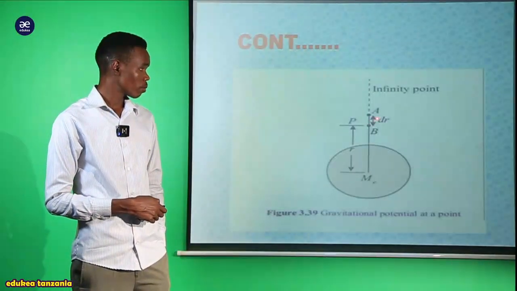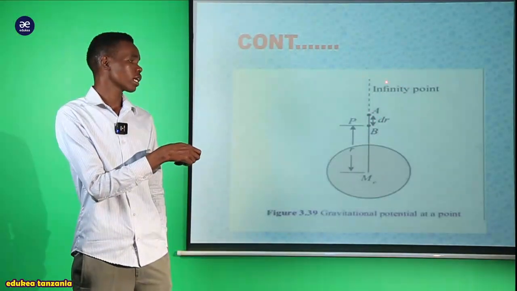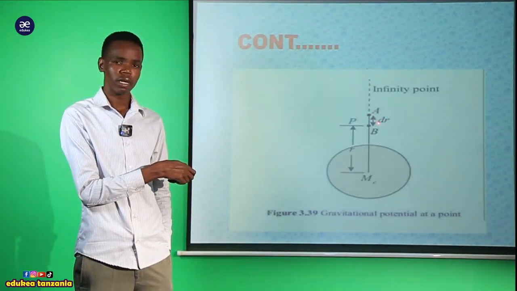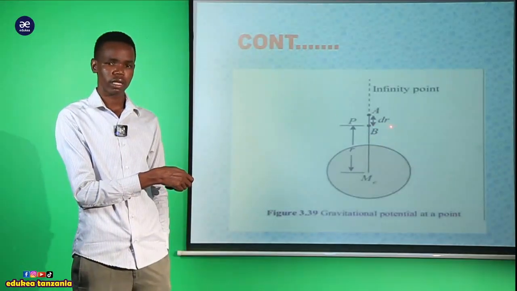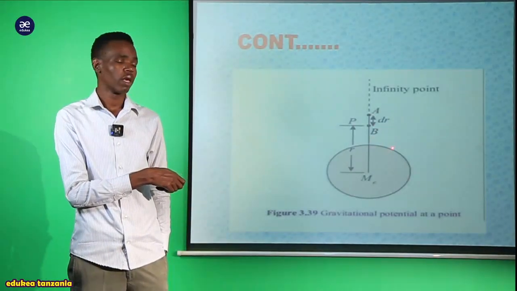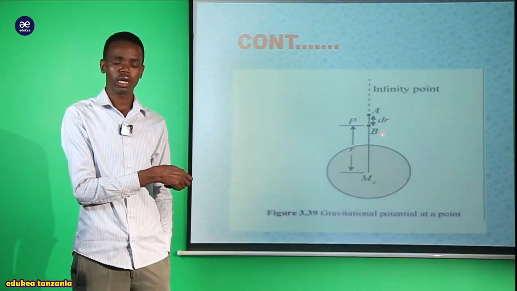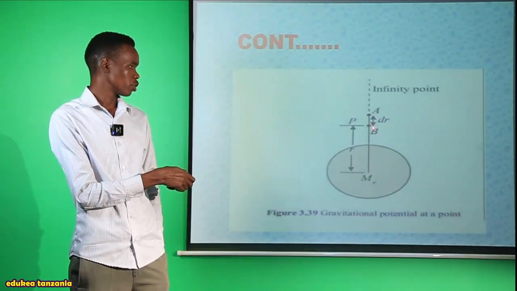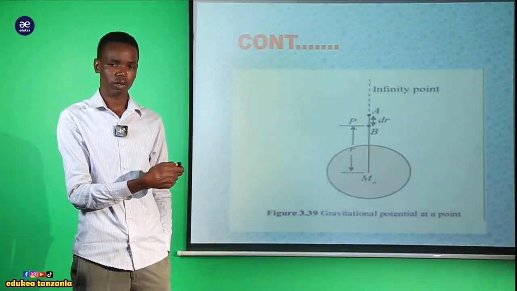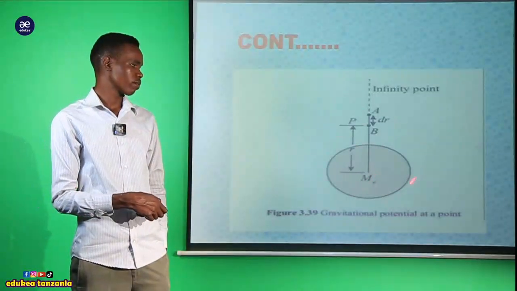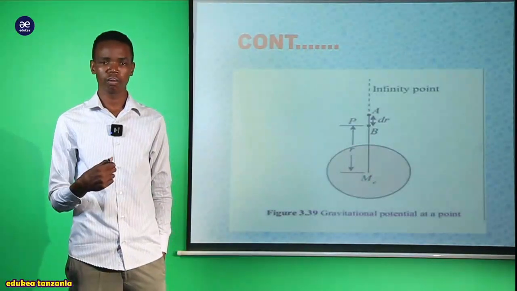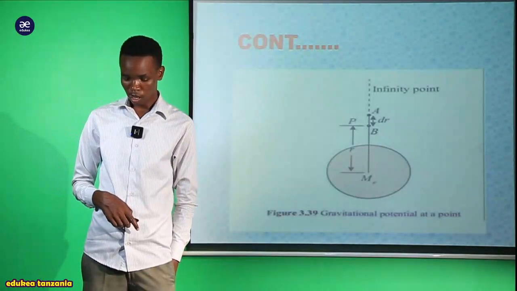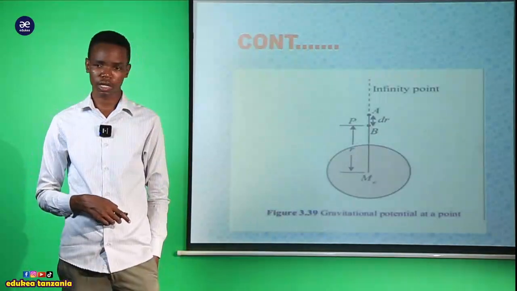Initially we took our mass from infinity up to the point A, and after attaining the point B we cover some small distance, which is the distance between the point A and the point B. From the center up to the point A the distance is RA, and from the center up to the point B the distance should be RB.